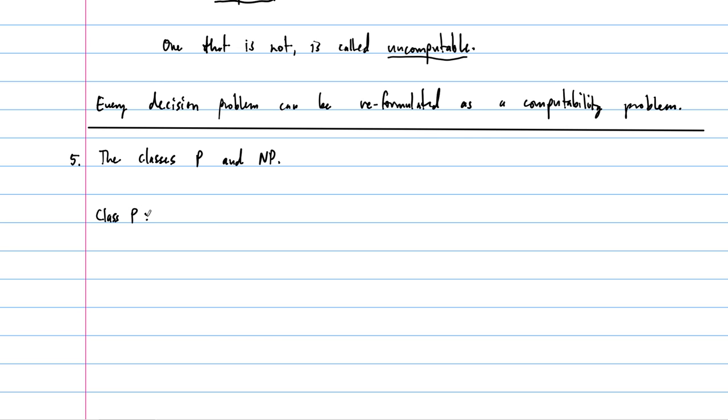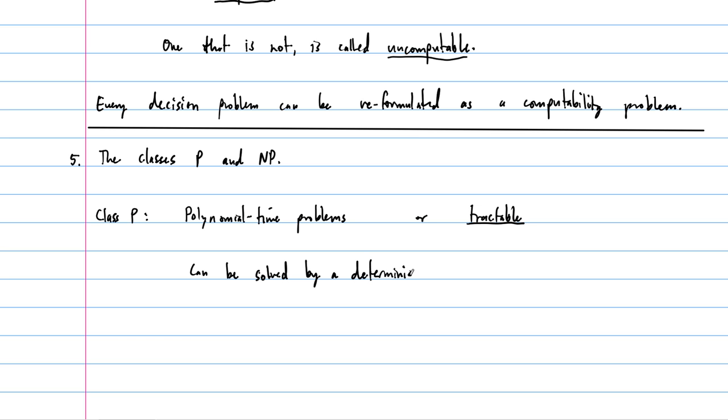So the class P, these are called the polynomial time problems, also known as the tractable problems. These are problems that can be solved by a deterministic Turing machine.